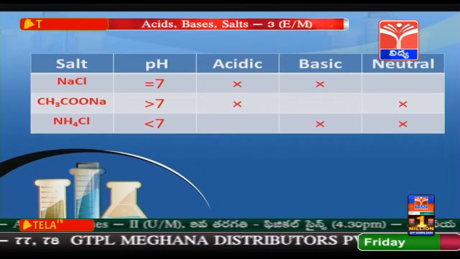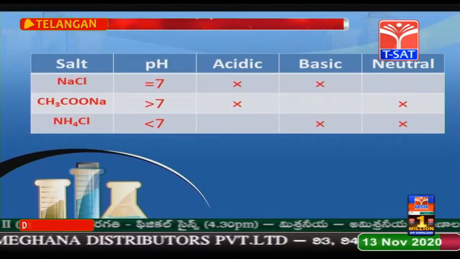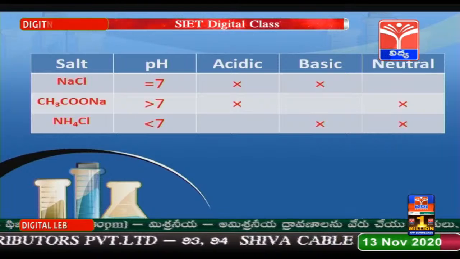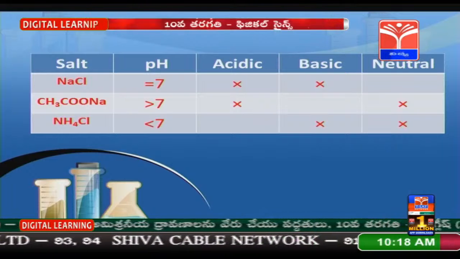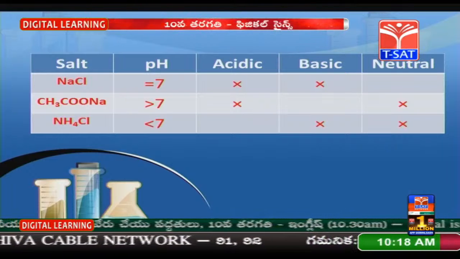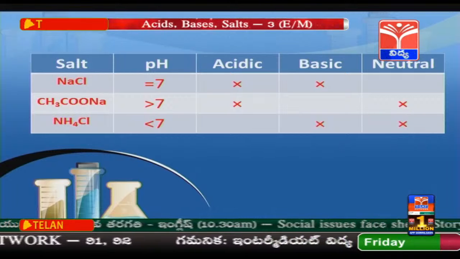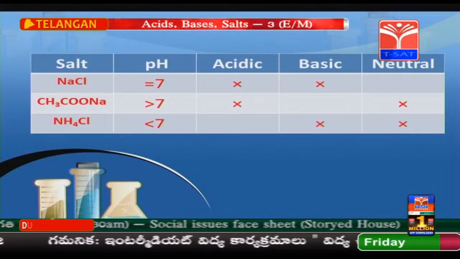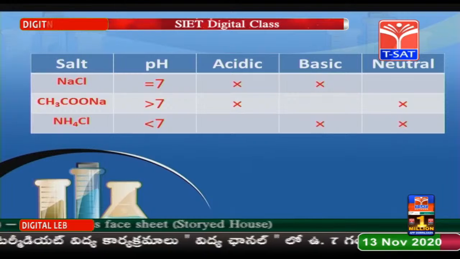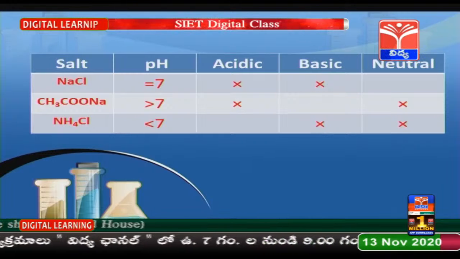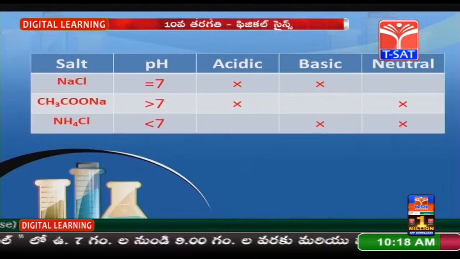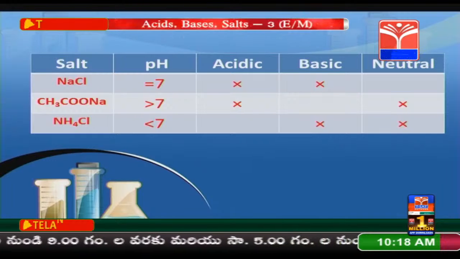You will notice that it is exactly 7. That means it is neither acidic nor basic, it is a neutral salt. Next, whenever you dip pH paper in sodium acetate solution, you will get a pH value greater than 7. That means it is a basic salt.